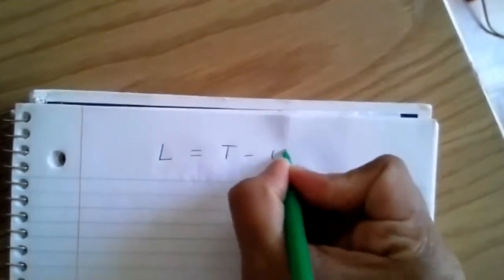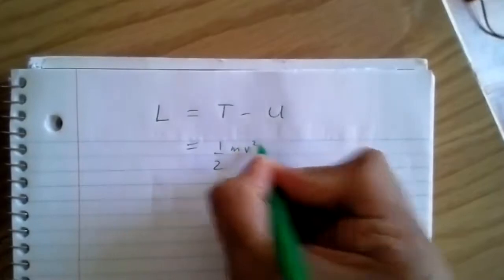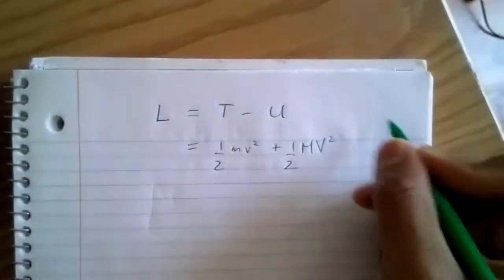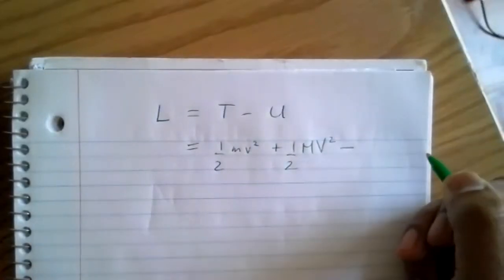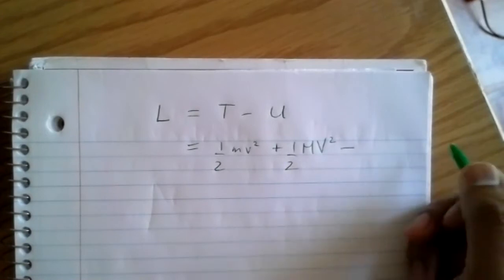So we know that Lagrangian is equal to kinetic minus potential. And so the kinetic, we're going to have 1/2 m little v squared and also 1/2 m big V squared. For the potential, there's gravitational potential energy, and only the little block is changing its y position.